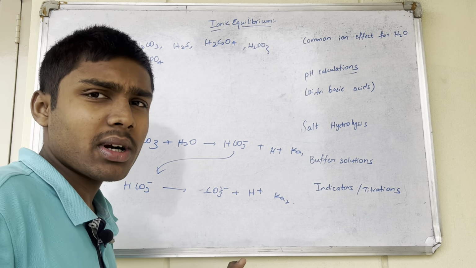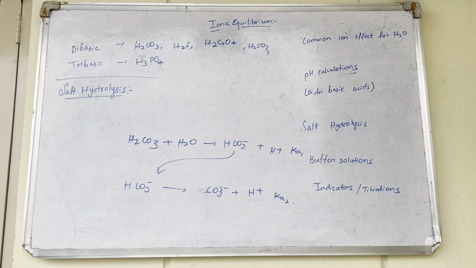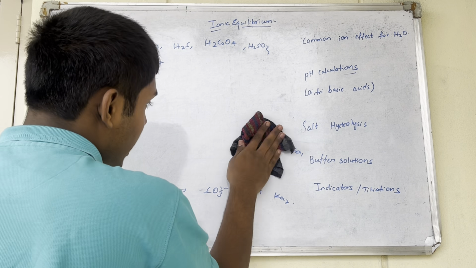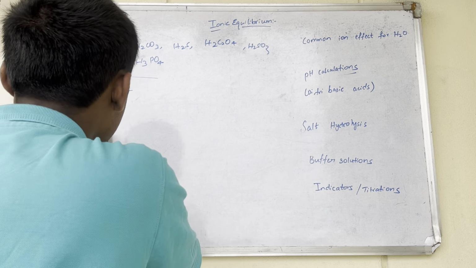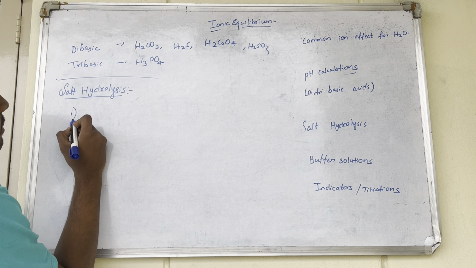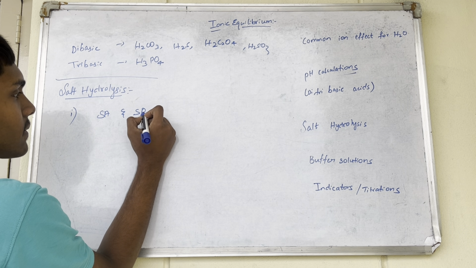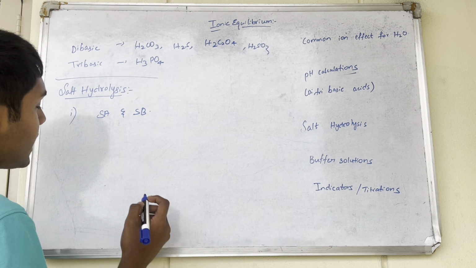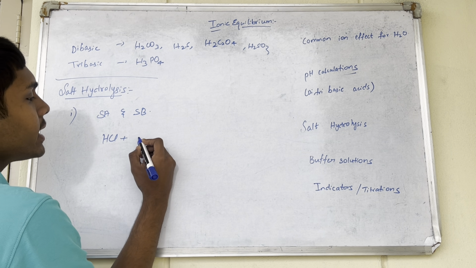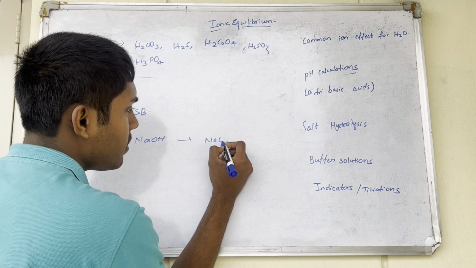So coming to the most important, or most confusing, concept: salt hydrolysis, right? Let's check it out. Salt hydrolysis is actually a very simple topic. Suppose, for example, in the first case, a strong acid and a strong base, HCl plus NaOH is going to form NaCl plus H2O.